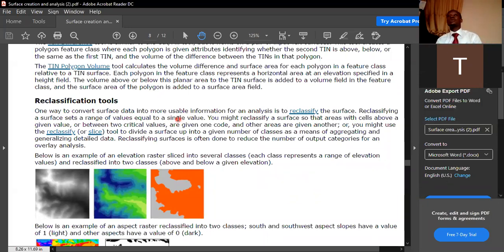We call that multi-criteria analysis. To be able to do that, you need to do a lot of reclassification and then combine the values. Unless you actually do a practical, you'll be imagining things. So one of the things that we do in GIS is to take an image and reclassify it.